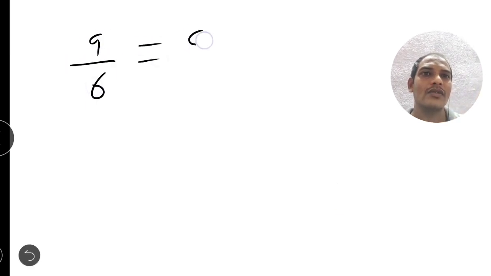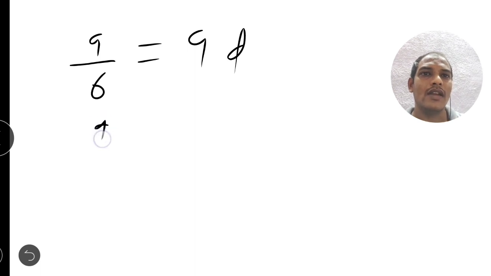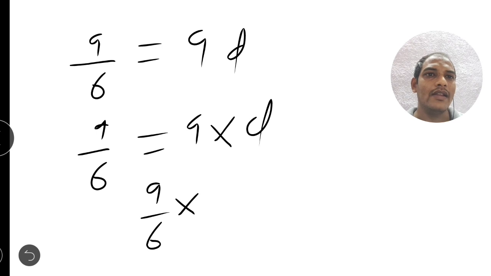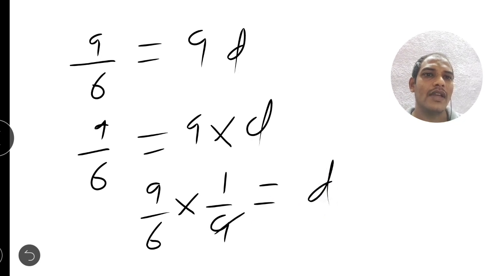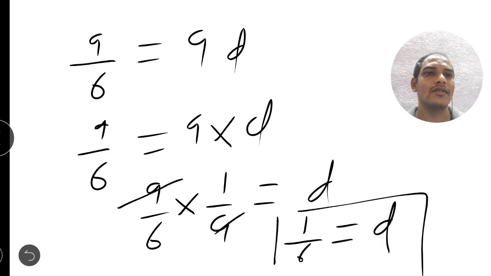So 10 minus 1 is 9 by 6 equals 9d. 9d is nothing but 9 into d. So 9 by 6 into 9d, 9 will go to the denominator place, that means into 1 by 9, it equals d. So 9 cancels, so 1 by 6 equals d. The required answer is 1 by 6.